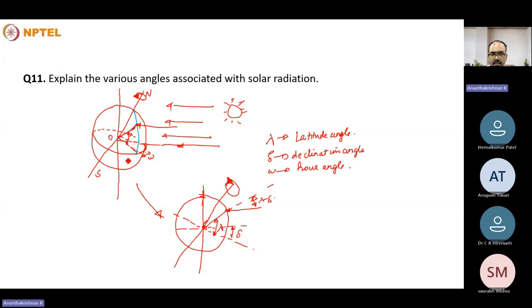Here, O is the center of the Earth. N is the North Pole. This is the South Pole. And this is the point P, the point under consideration, an arbitrary point on the surface of Earth.